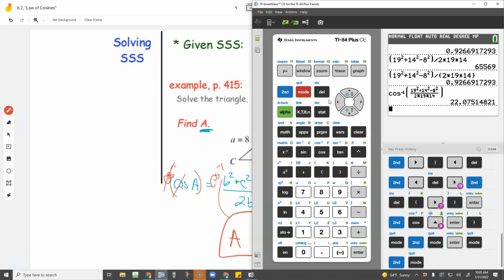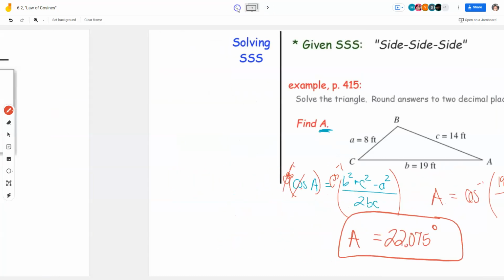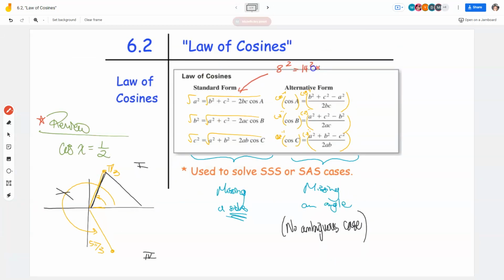You could use that one, Ryan, but a squared would have been 8 squared equals, what are my two numbers, 14 and 19? You would have had to subtract, divide, and then cosine inverse, which is the exact same thing. So you could have gotten there from either one, but using the cosine formula is just a little bit faster.